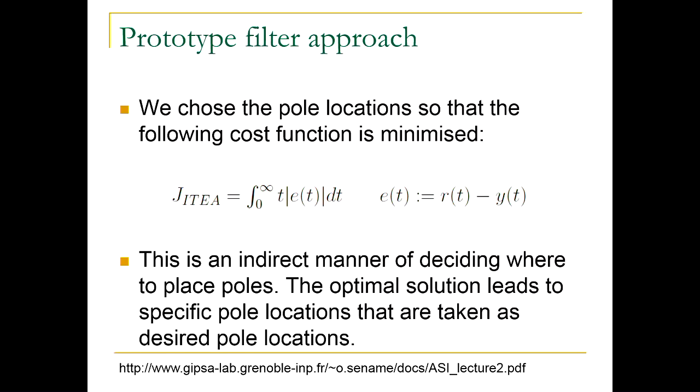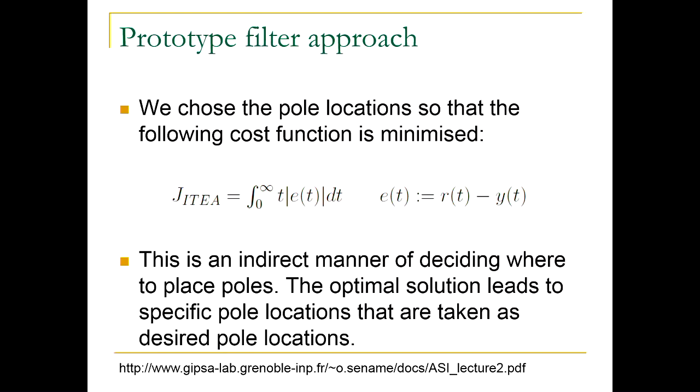So each controller would incur a cost. So the best controller in the sense of minimizing this cost is the one that gives you the minimum value for this, right? So there is no other controller that's better than that controller in that sense. So then this prototype filter approach is exactly choosing pole locations for the closed loop that give you the best value of this cost, okay?